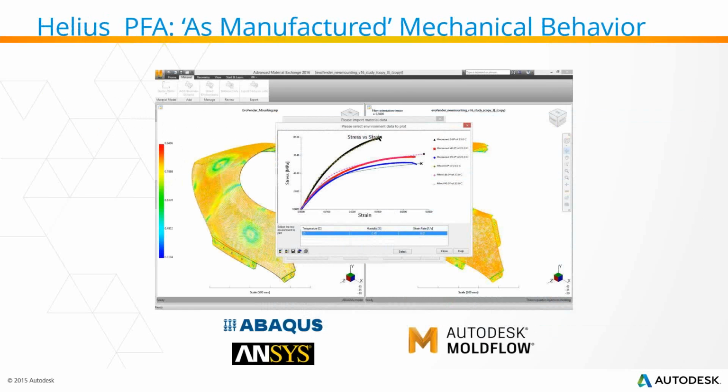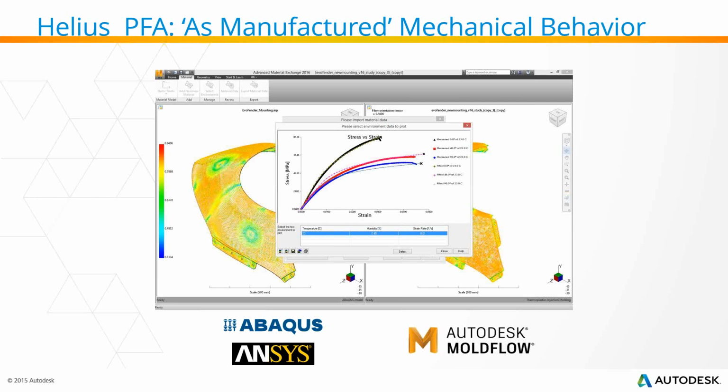Another product in our ecosphere that's become very influential and very important is the Helios PFA, and we're going to rename it to Helios PFA for plastics. We can take a Moldflow model with Moldflow fiber orientation data and take an Abaqus or ANSYS model, a solid model, and map the Moldflow fiber orientation to the ANSYS or Abaqus model.